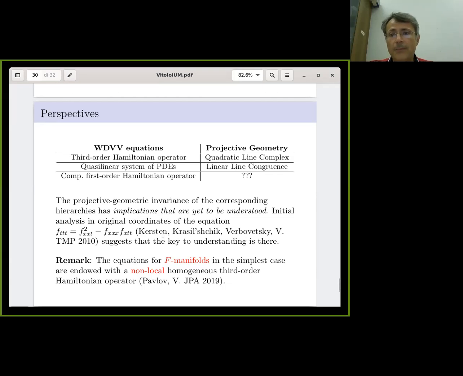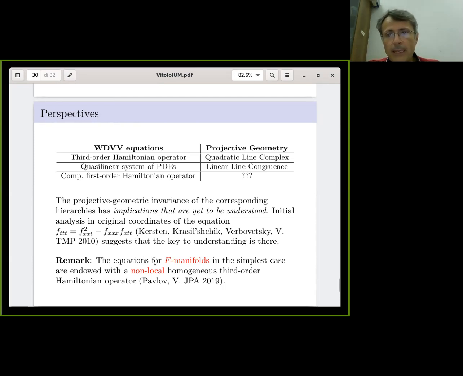There was already a paper by Kirsten Krasicki and myself, but it is still quite difficult to connect the objects in that paper with the objects in this current research, because it's not so easy to make a change of coordinates.